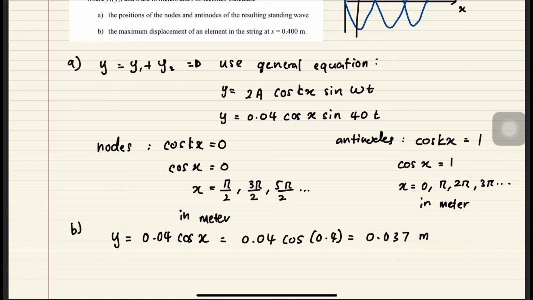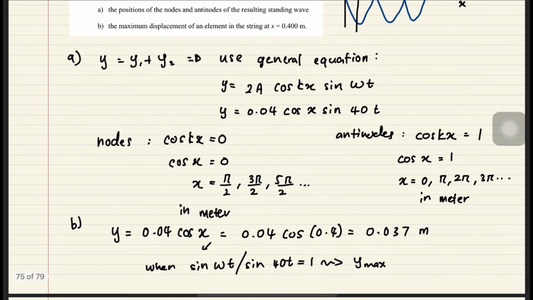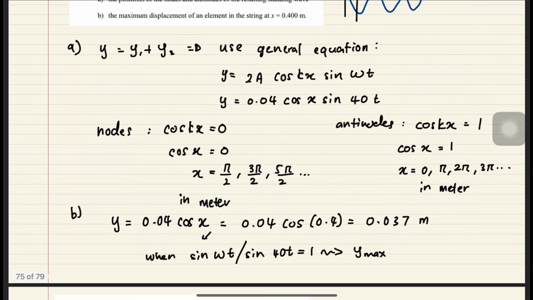This is when sine omega t, or in your case sine 40t, equals 1. So this is when y is at maximum. Assume that one is 1, substitute x, and then you should get the answer. Again, don't forget to write down the unit.